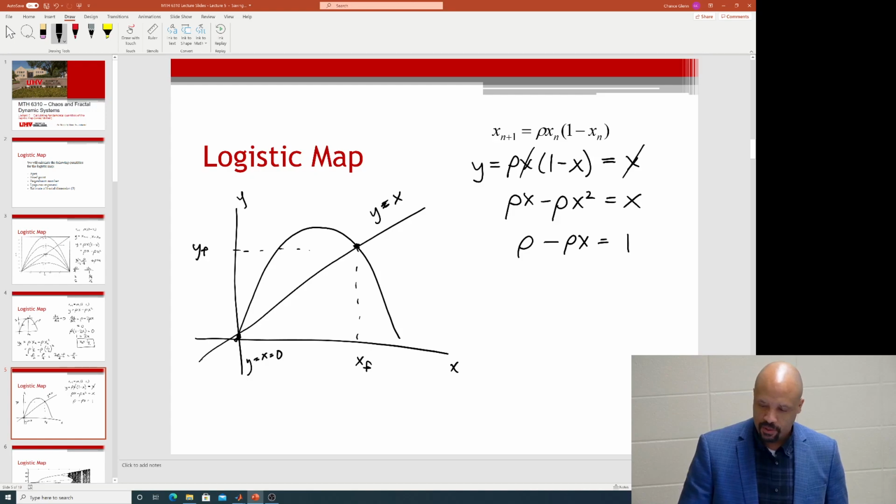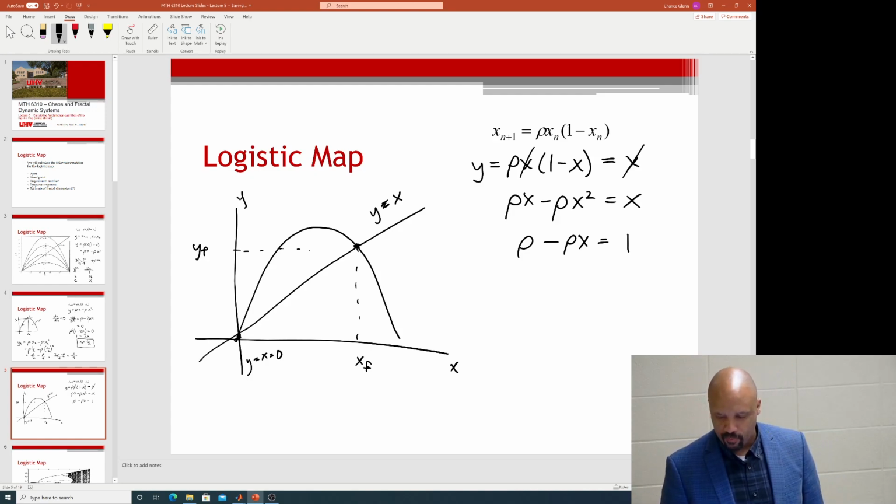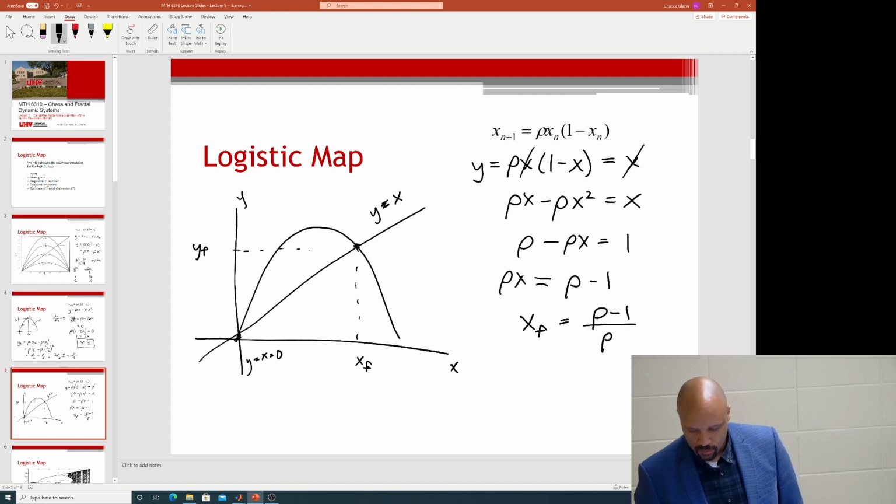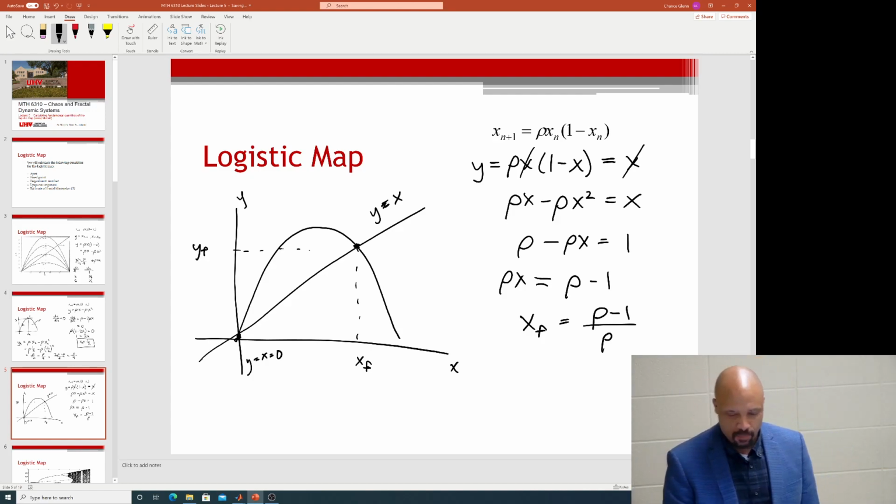All right, so we're solving for x, so now I'll move that over here and move that over there to keep the signs. So that's rho x equals rho minus 1. And so xf, the fixed point, is equal to rho minus 1 over rho. All right, so that's all dependent upon rho, but as you can see, it changes the position.